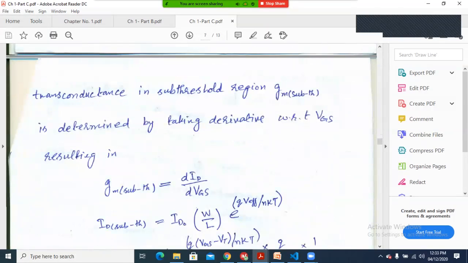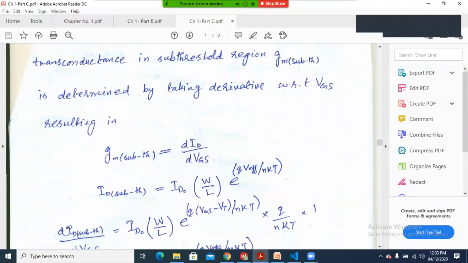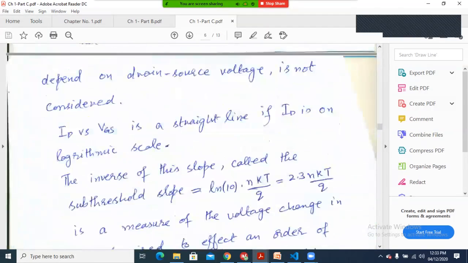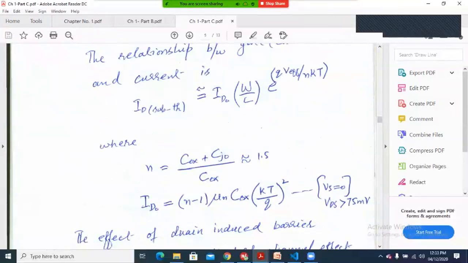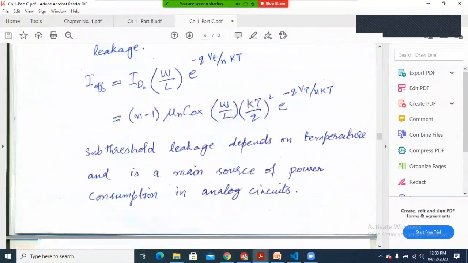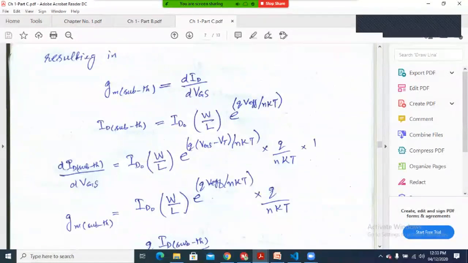So now what will be the value of GM in the subthreshold region? We will have to take the derivative of this ID subthreshold with respect to VGS. That value is ID naught W by L e to the power QVF by NKT.